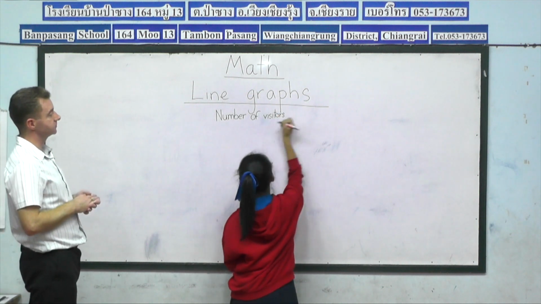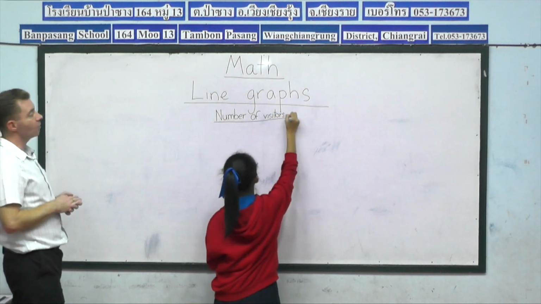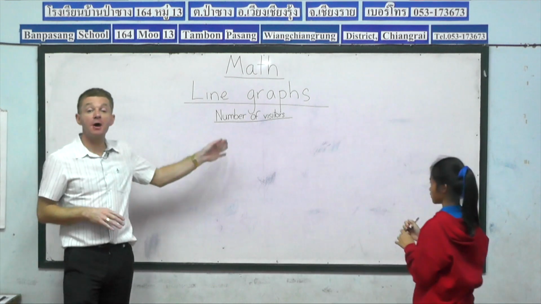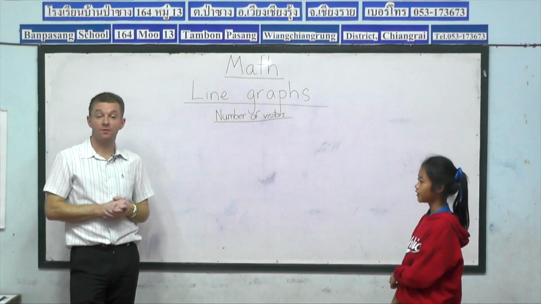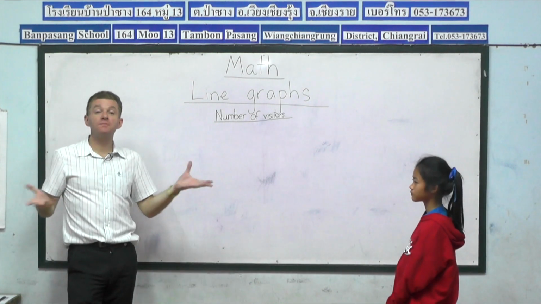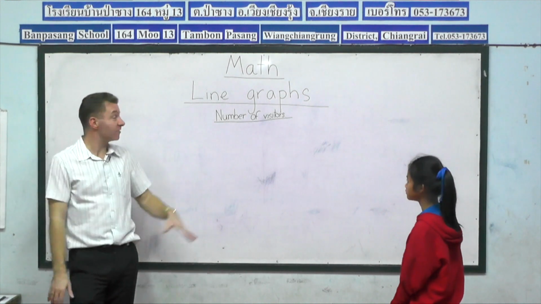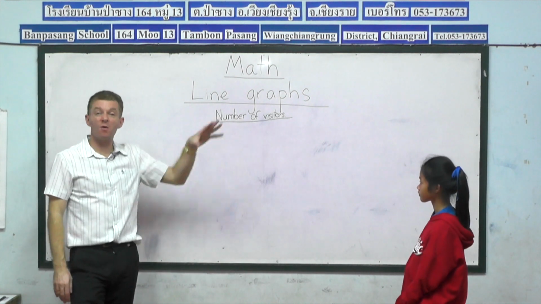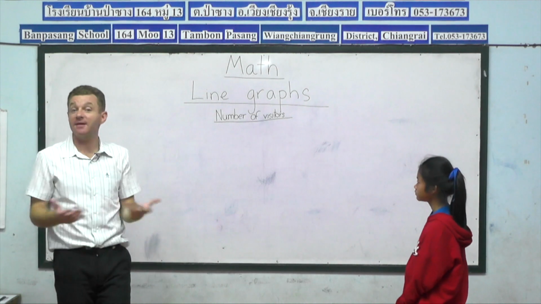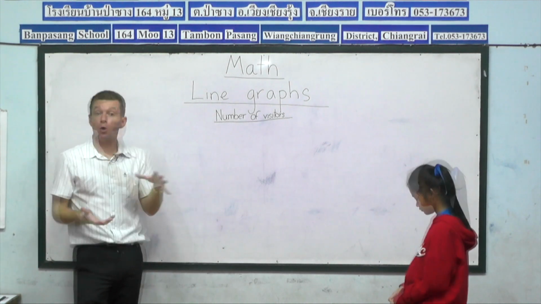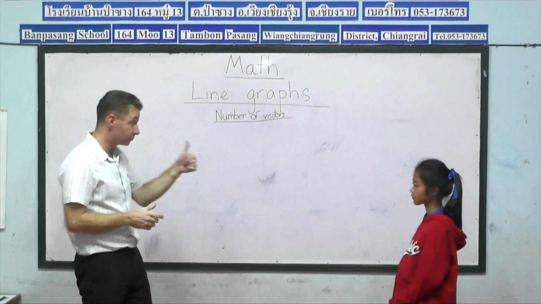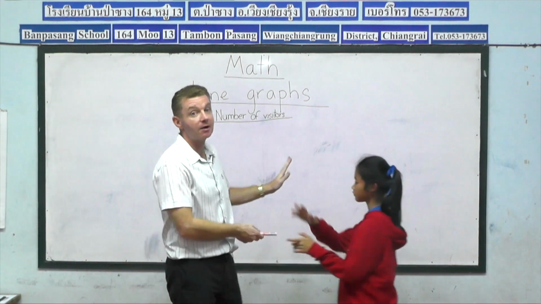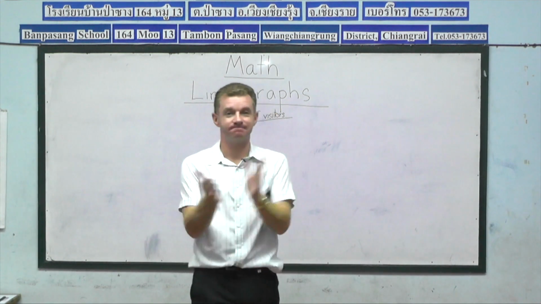Excellent, Dan. So all together we can say number of visitors. So before we even begin completing our line graph, we know that it's about the number of visitors to any type of place, like a museum or a restaurant. Dan, that was brilliant. High five and a big round of applause for Dan, please, guys.